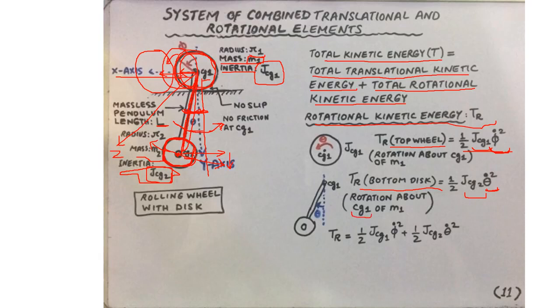So the total rotational kinetic energy is half times Jcg1 times phi dot squared plus half times Jcg2 times theta dot squared. In a nutshell, what we have just written is the expression of the total rotational energy of the system, which is attributed to the rolling of the top wheel and the rotational motion of the pendulum disc.